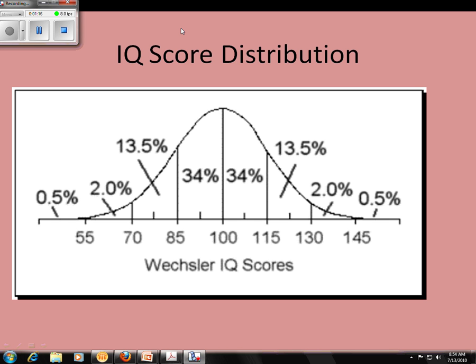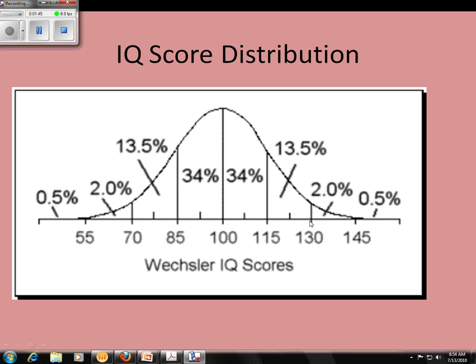And basically, what we're looking for is a difference, a discrepancy between ability and achievement. And we can tell ability through IQ testing. Take a look at this normal curve here, with IQ scores. You will notice that IQs have a mean of 100, and a standard deviation of 15.